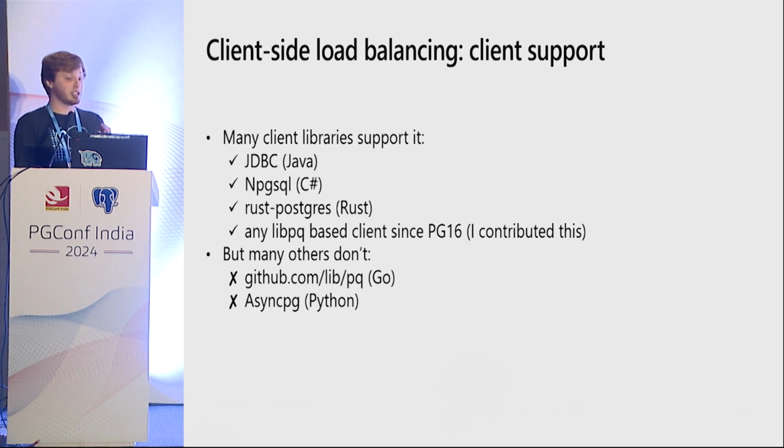For instance, if you use Go or asyncpg, which is a less popular client than psycopg for Python, that one is not based on libpq, so it doesn't support this kind of choosing of servers. So you need to have the right clients to be able to do this. It depends on your client.